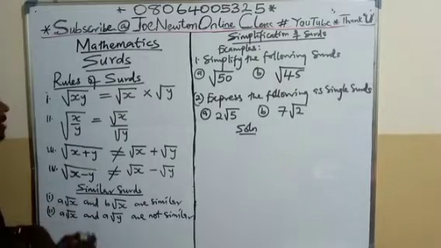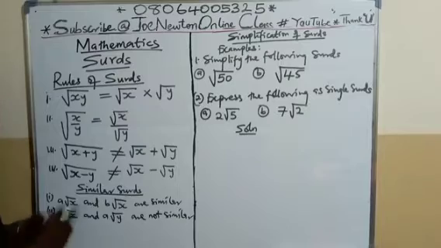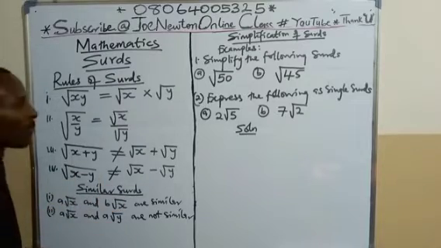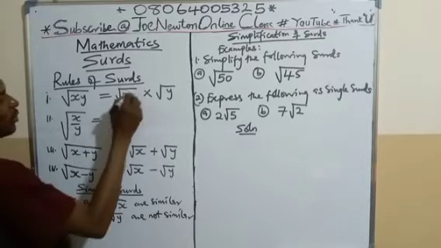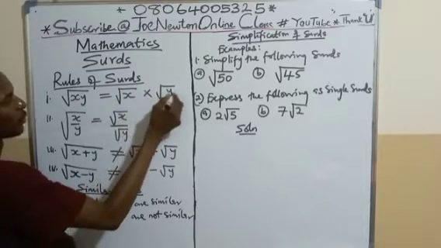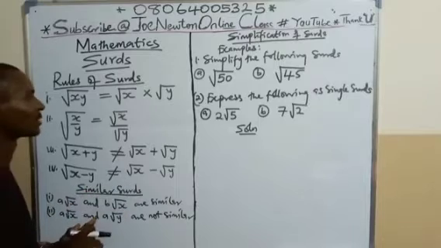If you have the surd root of xy, it can equally be separated to be root x times root y. It is equivalent to that.